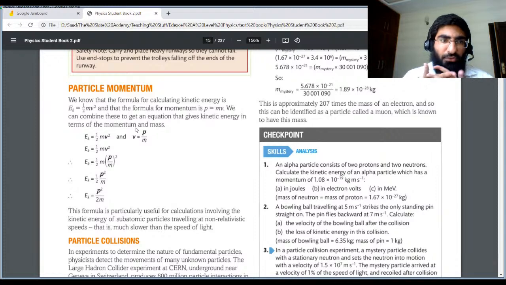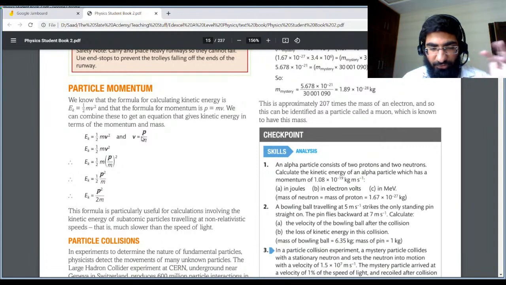So the formula for momentum is mass times velocity. To calculate velocity using momentum and mass, velocity is equal to momentum divided by mass.